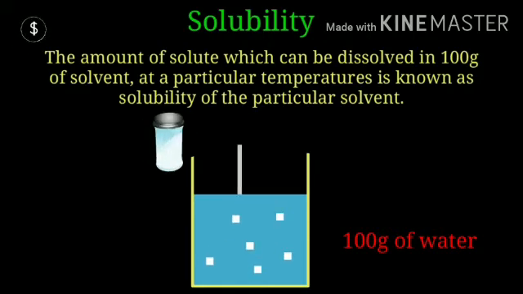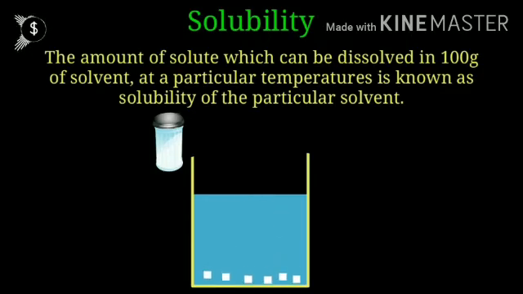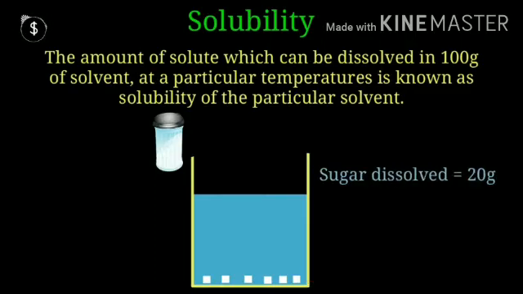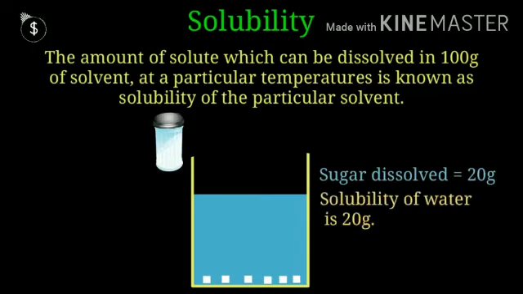Now you put more sugar crystals and you will see that those sugar crystals are also dissolved in it. So the amount of sugar that is able to dissolve in the water is known as solubility. Suppose 20 gram sugar is dissolved in this 100 gram of water. So solubility here is 20 gram.